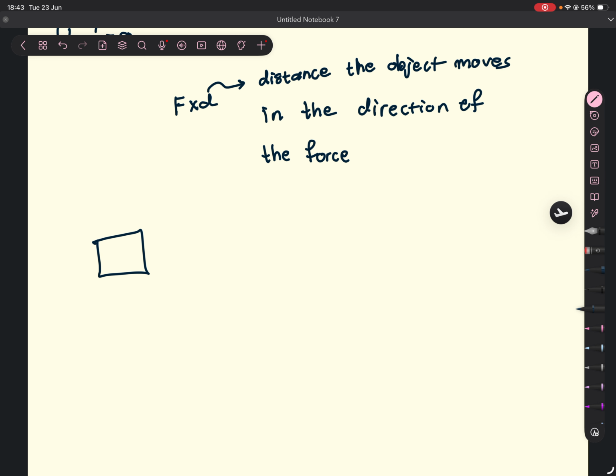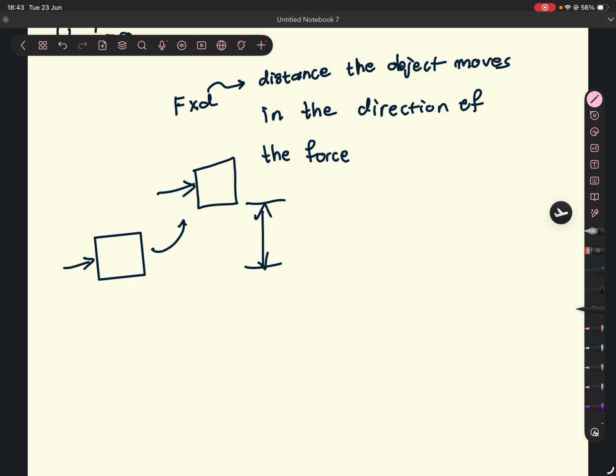So going back to F as K, you have a block, a force is being applied, but the block only moves upwards, right? So it only displaces upwards, but the force is still acting that way. This force then doesn't do any work, right? Because the distance that the block moved is not in the direction of the force. Okay, cool. Hope that makes sense.